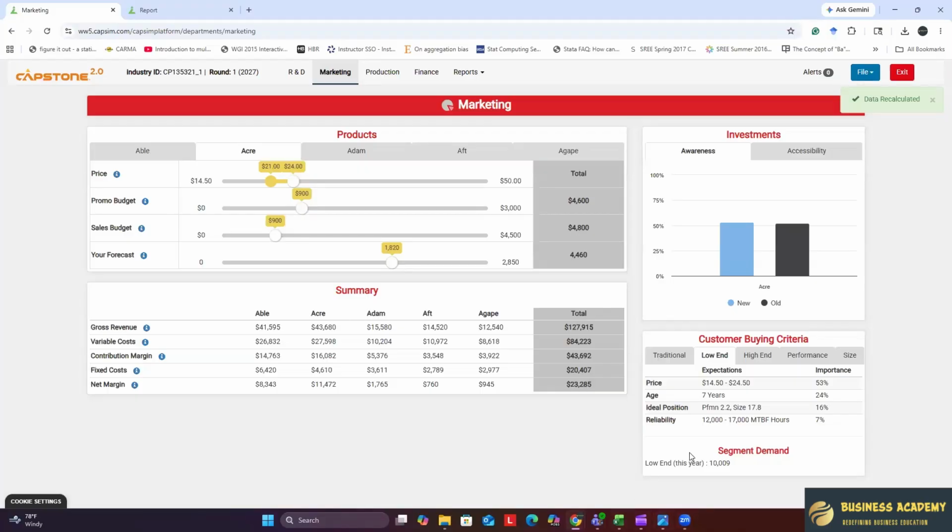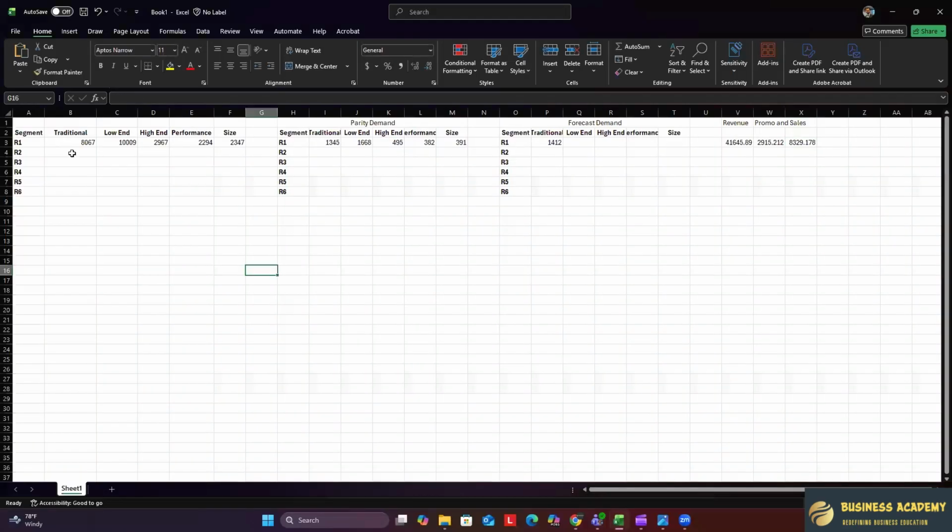And now let me calculate my demand. So low end, it is about 10,009 units is what the customer is willing to spend, the entire industry. So parity demand is 1668. And let's assume I will sell around the same percent, or a maximum of 5% higher than this, 1752.